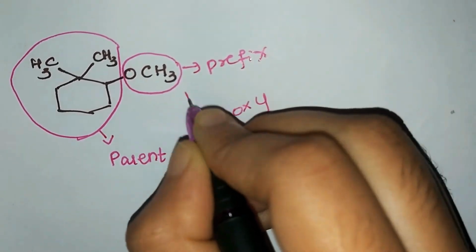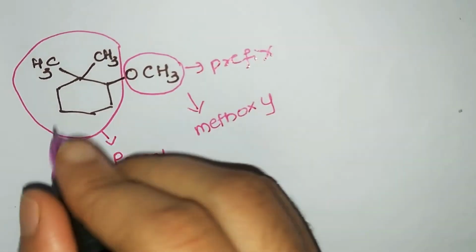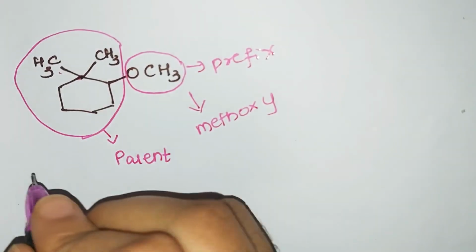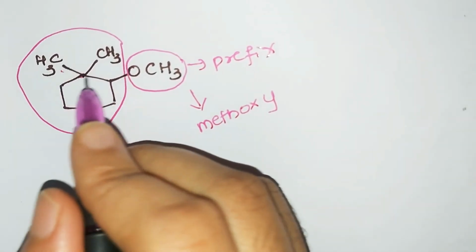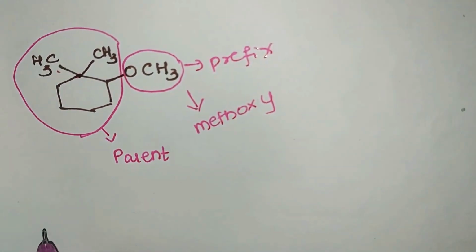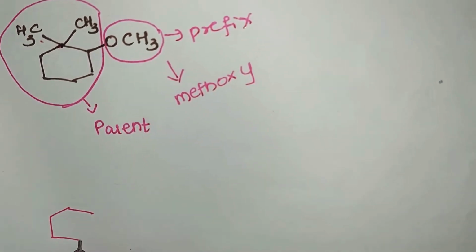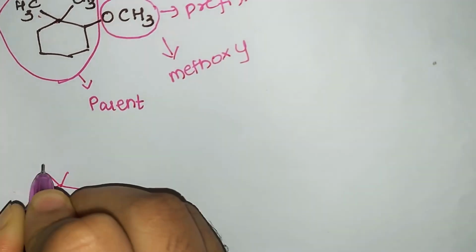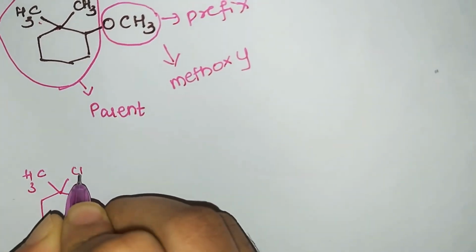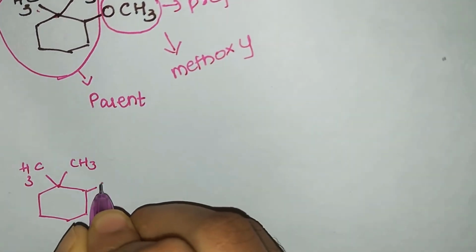One more thing, now we'll number the carbon atoms in such a way. Why? Because the CH3 groups are also prefixes, those are substituents. You have to number the carbon atoms in such a way that you follow the lowest locant rule, that is, on adding the positions of the substituents you should get the lowest value. So we'll write it once more and we will number them.